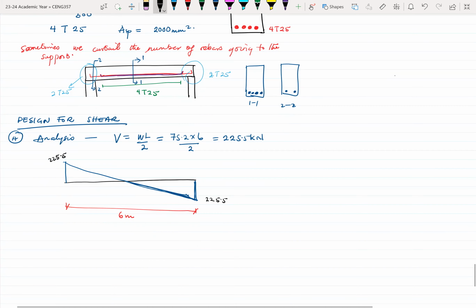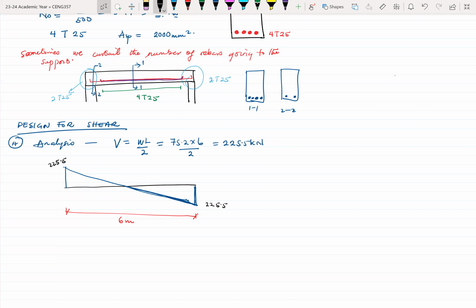The first thing is to find the maximum shear force. So I'll take you through a few steps. So this is A, B. We need to find what we call the maximum shear stress, which is from the maximum shear force. All right. So maximum shear stress.